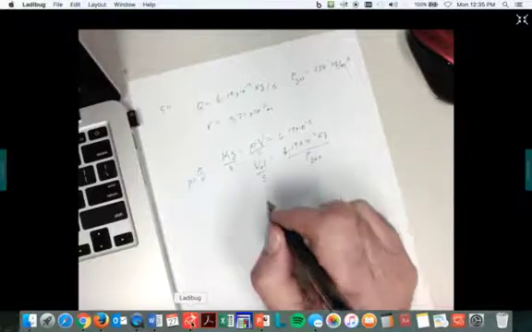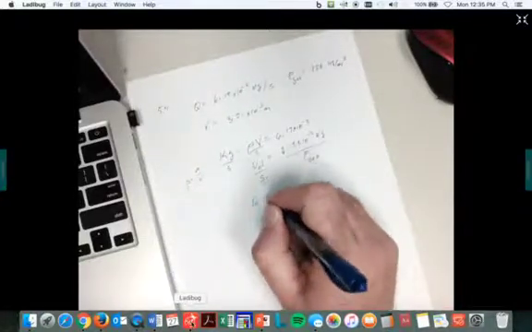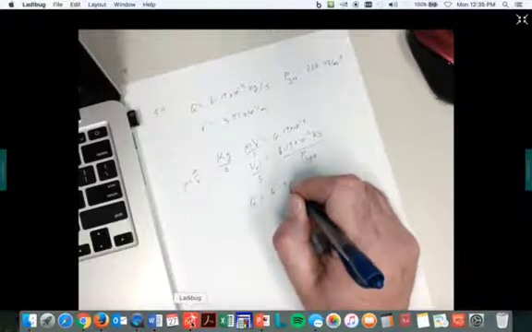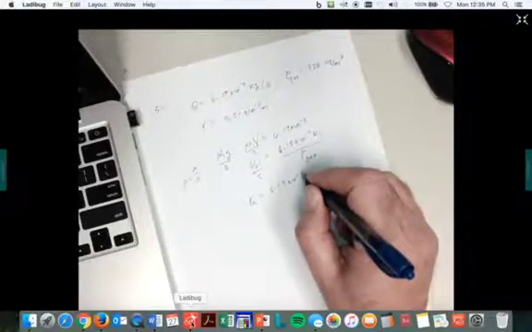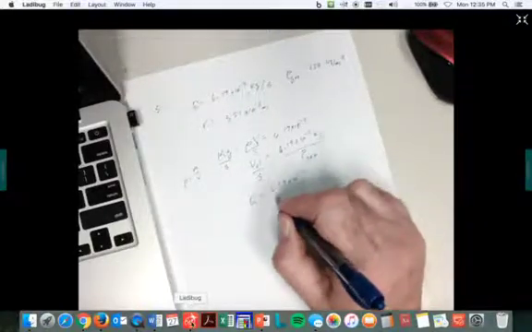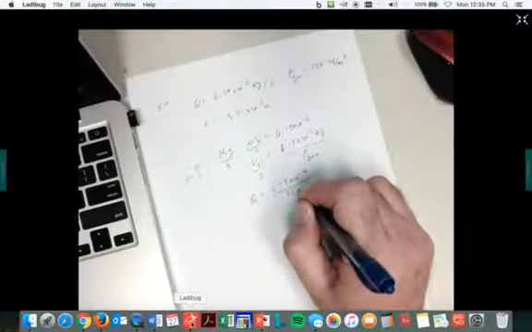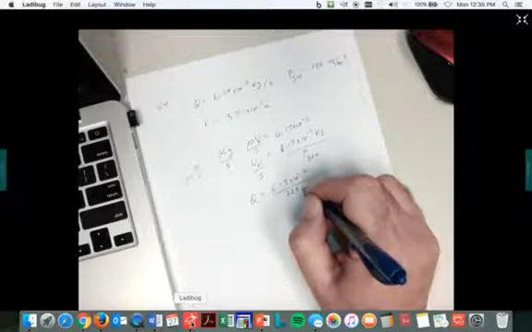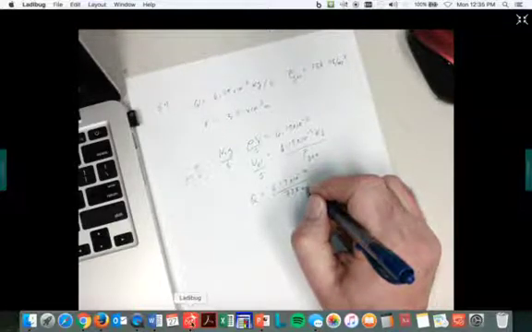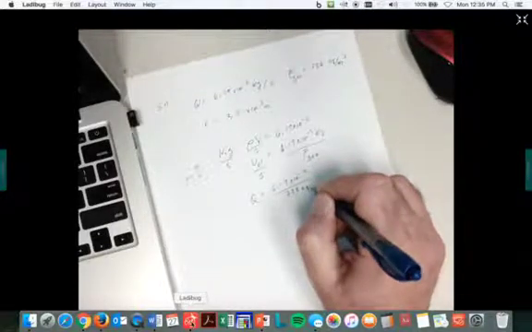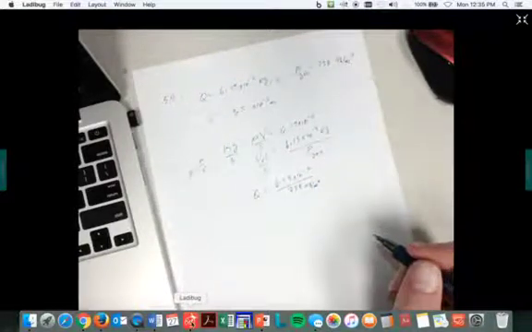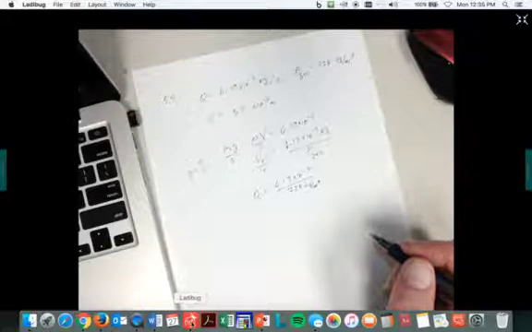Okay. So now we know that Q is equal to 6.19 times 10 to the negative 2 over 738 kilograms per meter cubed.